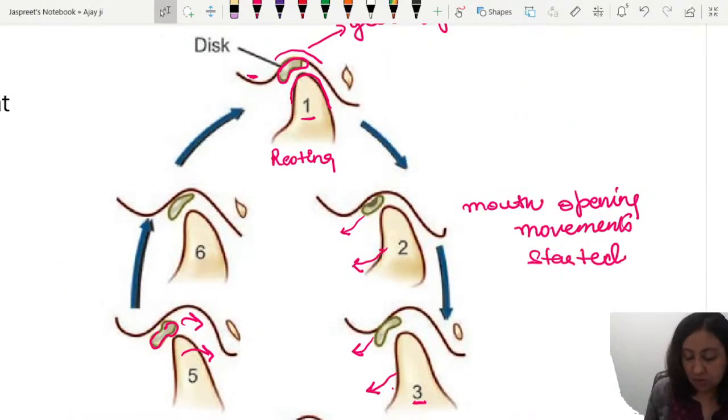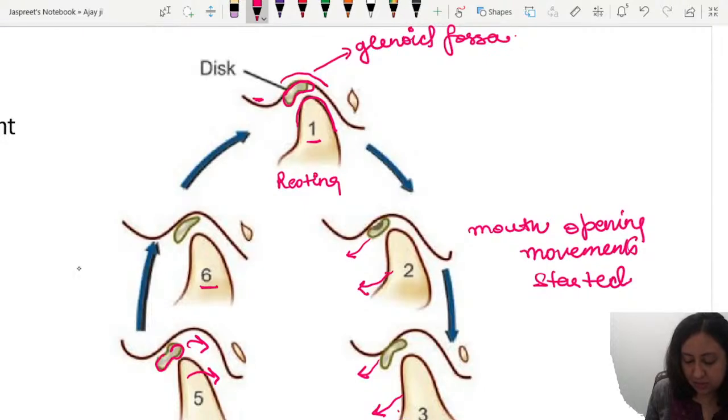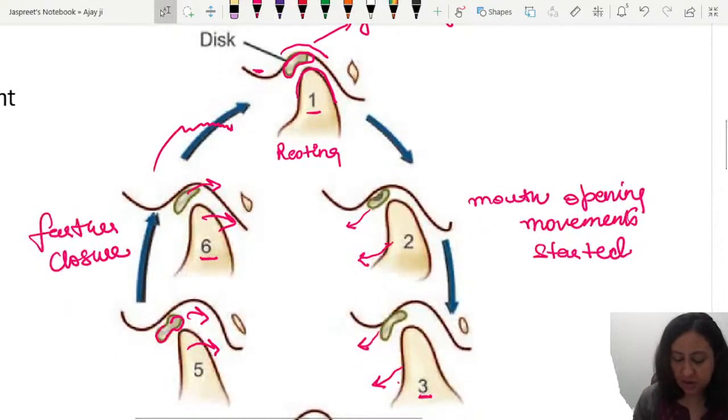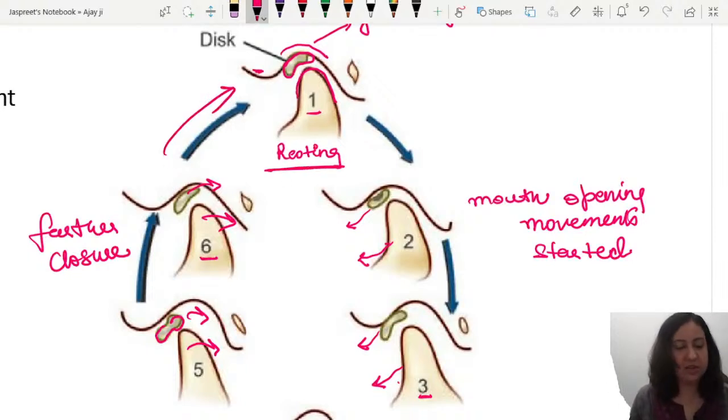Now again in picture 6, further closure. Again the disc is moving back, the condyle is moving back into its original position in the glenoid fossa, and they again return back into the resting phase.